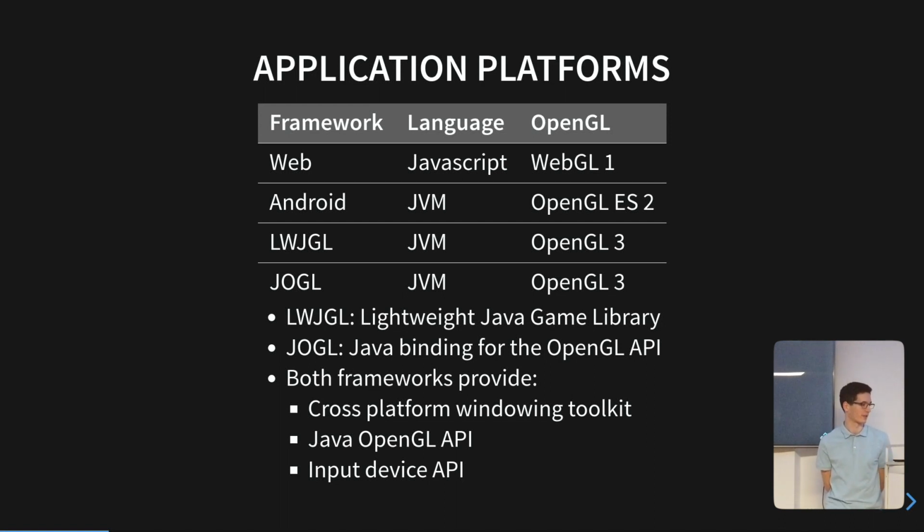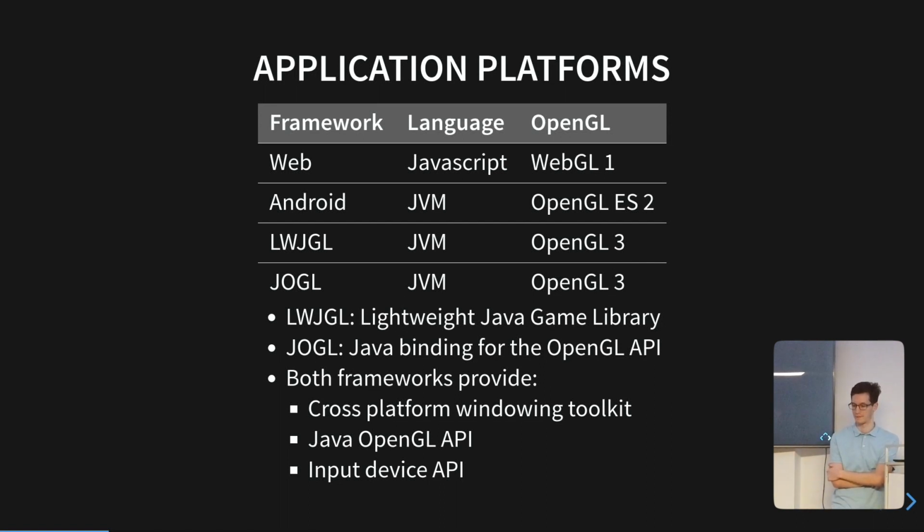One of them is called Lightweight Java Game Library. The other one is called Java Binding for the OpenGL API. These are both cross-platform frameworks that provide the windowing system, provide access to the input devices, and provide the Java OpenGL API.